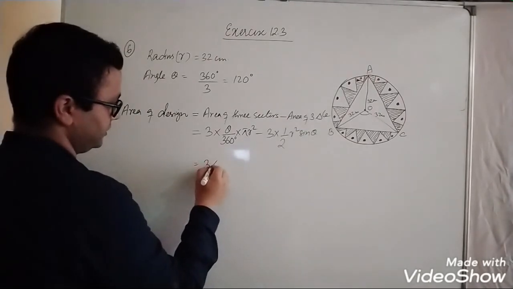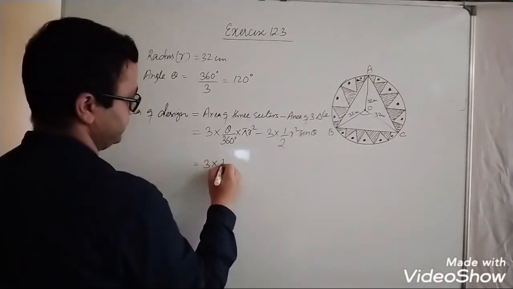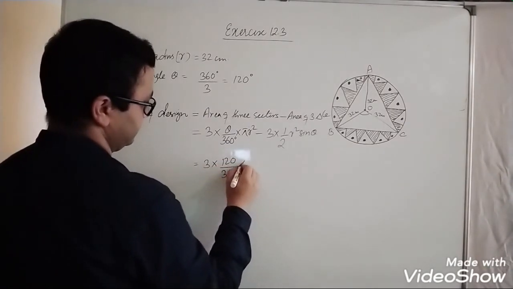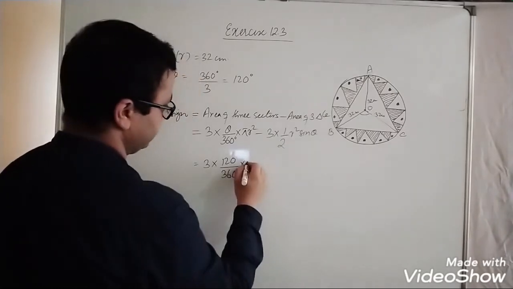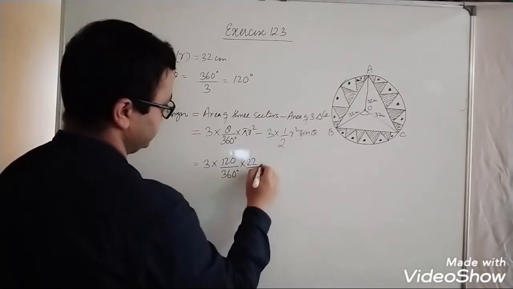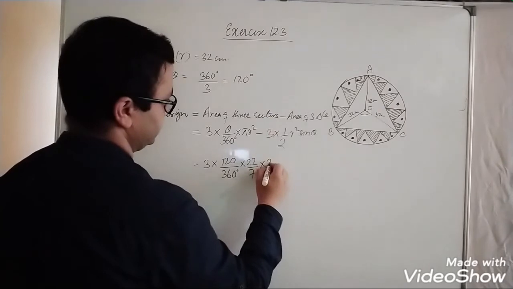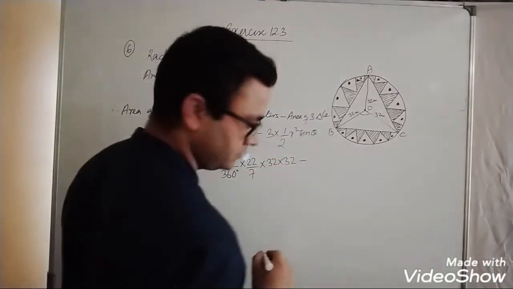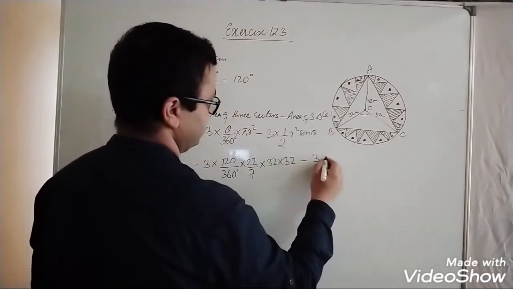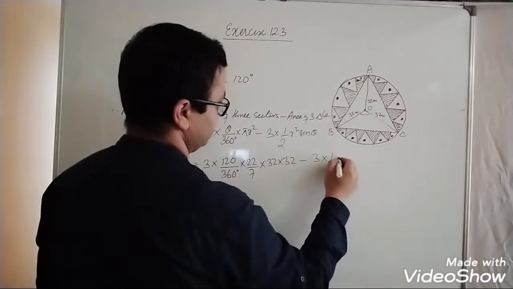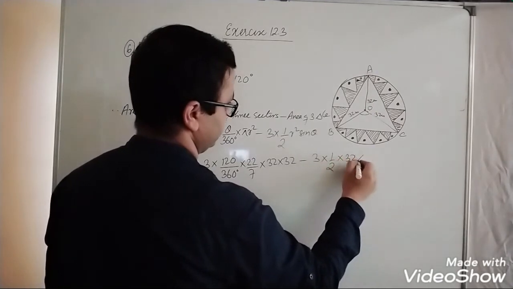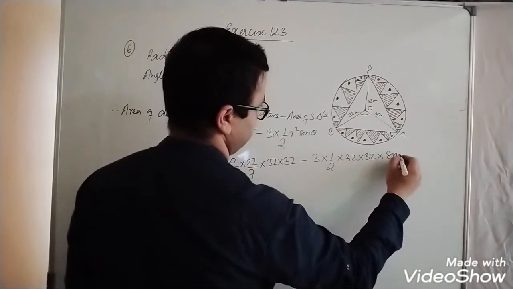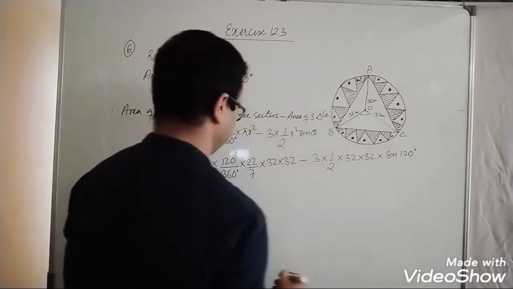So 3 times theta is 120 degree divided by 360 degree, into the value of pi which is 22/7, into radius 32 into 32, minus 3 into 1/2 into 32 into 32 into sine 120 degree.